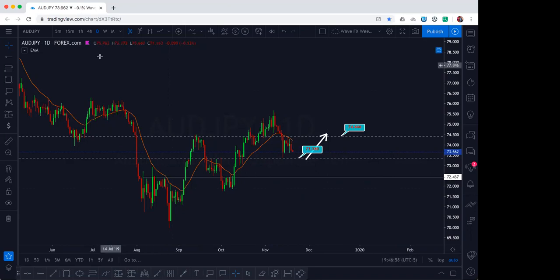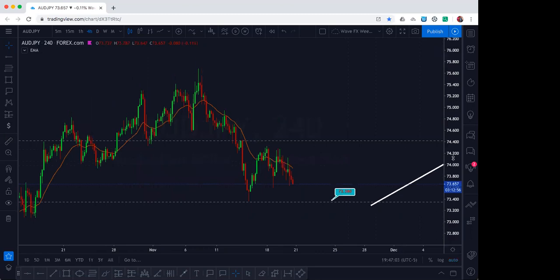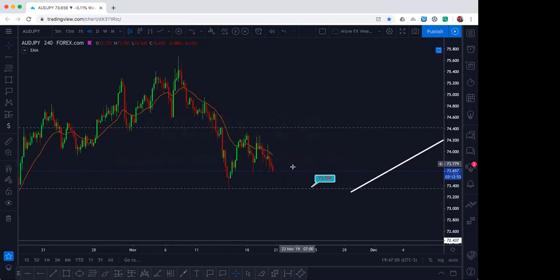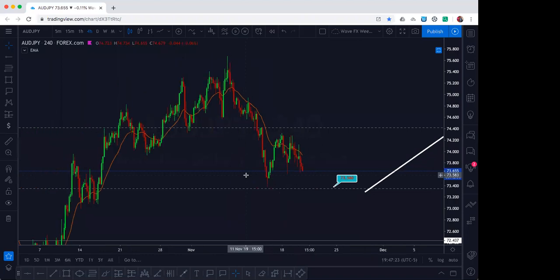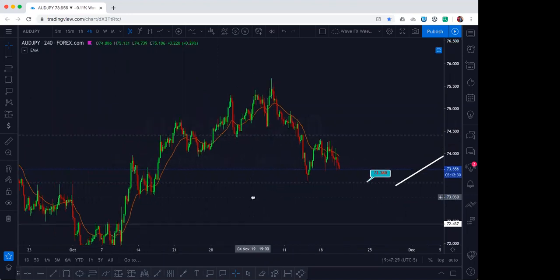So that's pretty much what we're looking at out of Aussie yen. Based on where we are now, we should be seeing price heading back to the downside. That's for sure. We should be getting movements back to the downside out of that overall pair. Based on where we are, this is the overall area, so this becomes the area for you to watch now.